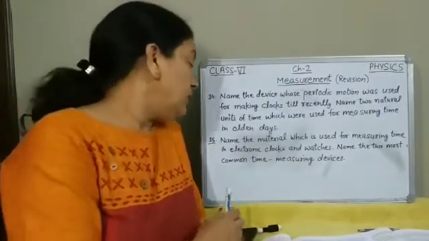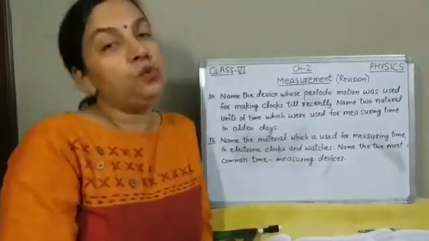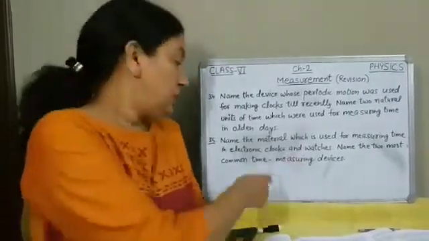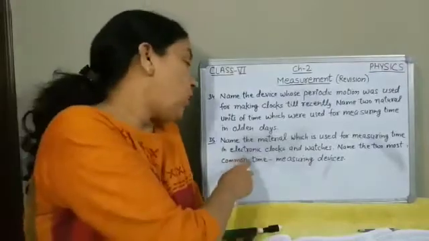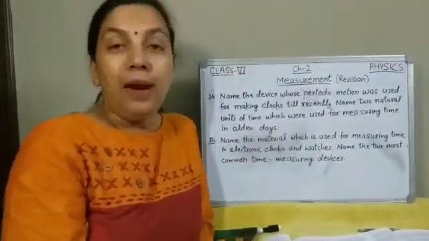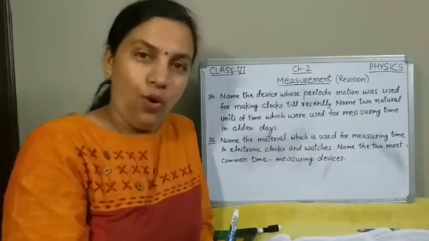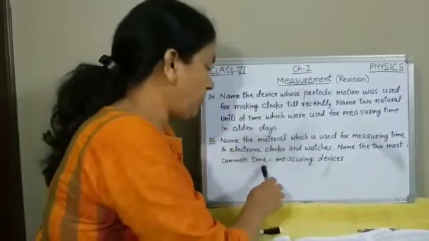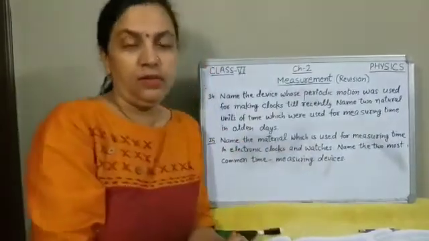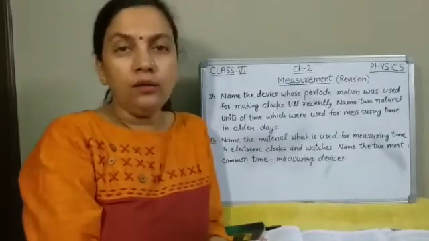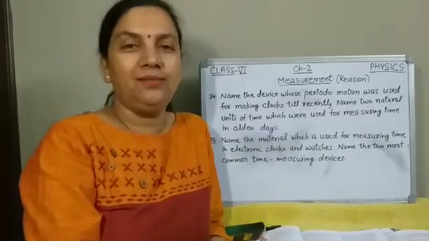So quartz crystal is used for measuring the time in electronic clocks and watches. These are also called quartz clocks and quartz watches. Now name the 2 most common time measuring devices. The most common time measuring devices are clock and watch.